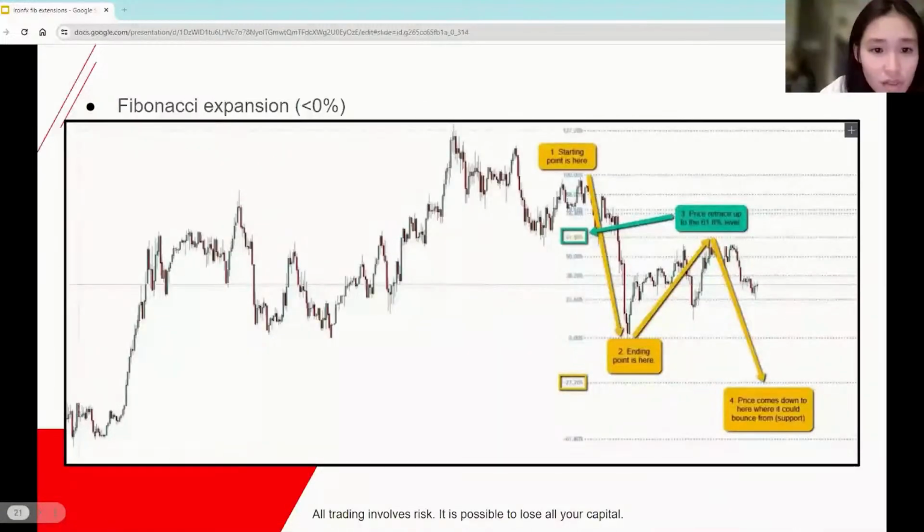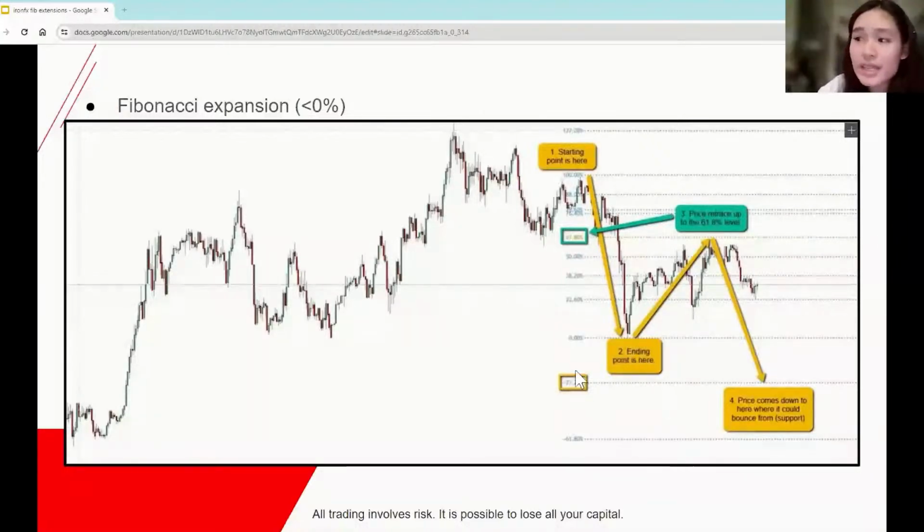Just a really brief example of an expansion. For an expansion, we are looking for a flash or lightning bolt symbol. Here in this example, it looks like a lightning bolt from the arrows. The starting point is here, the ending point is point 2.